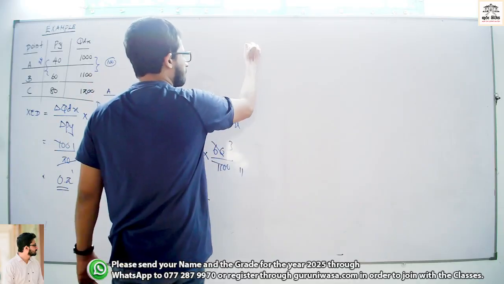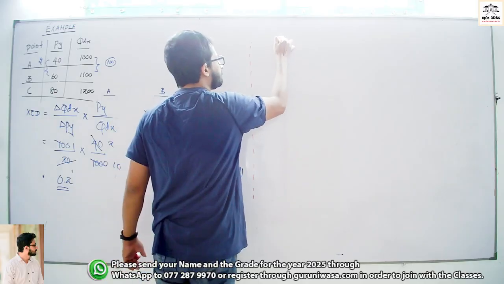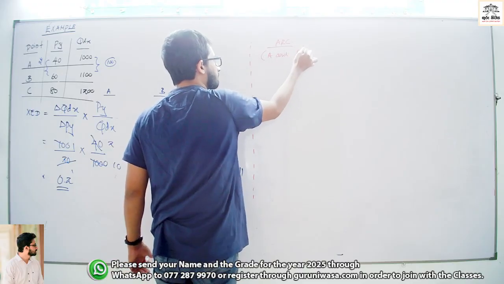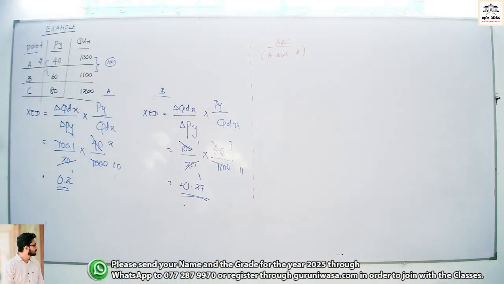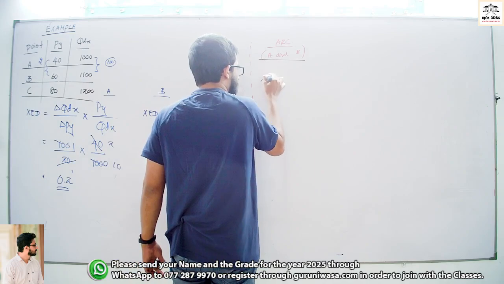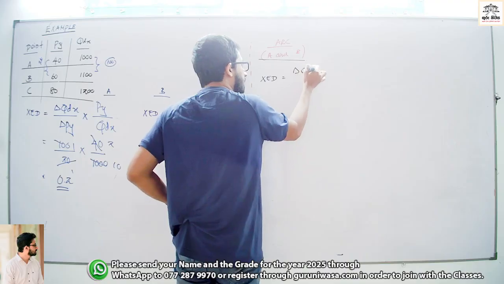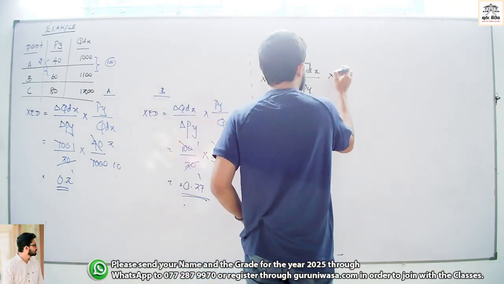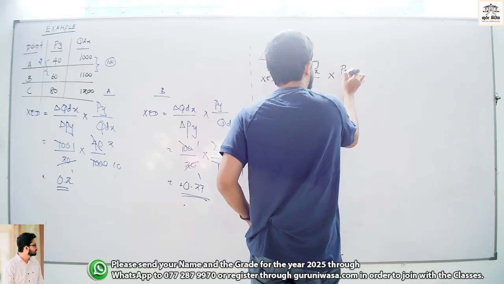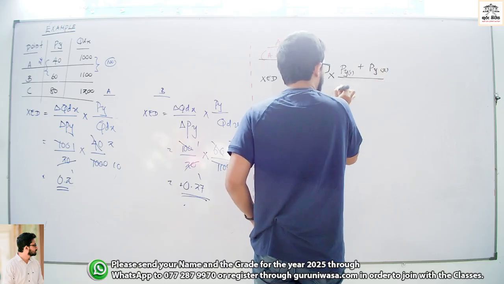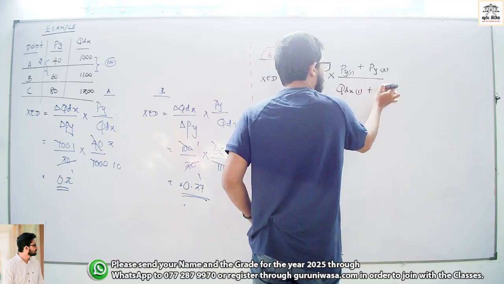So I'm going to calculate arc price elasticity of demand, between A and B. XED equals delta QDX over delta PY into, we have to consider two prices: PY1 plus PY2 divided by QDX1 plus QDX2.